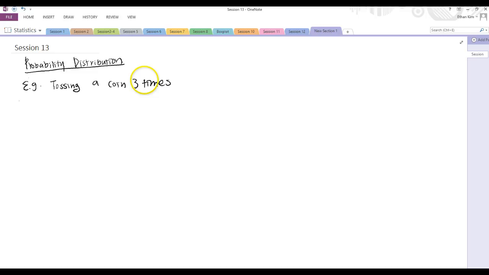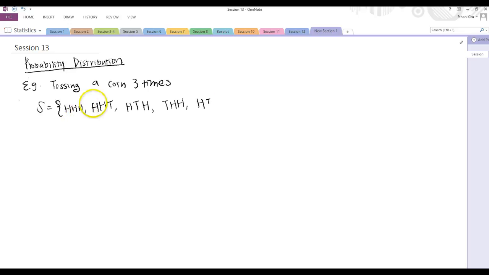Okay, let's define some sample space. Sample space would be what? HHH, HHT, HTH, and so on.